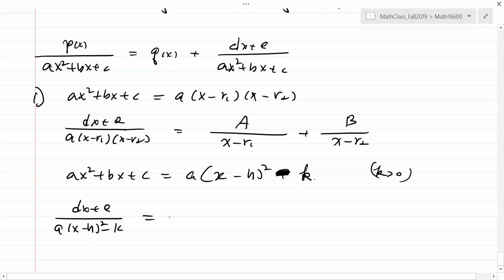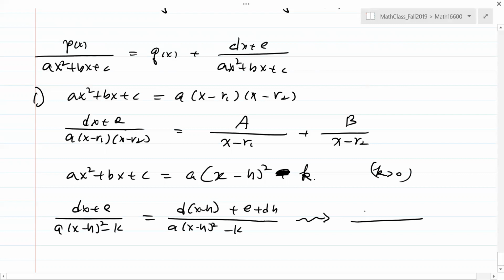What you do is you get d(x minus h) over a(x minus h) squared minus k, and then e, I think it's plus dh. So you rewrite this, and then you use a substitution to change it to something like au plus b over u squared minus 1, something like that.